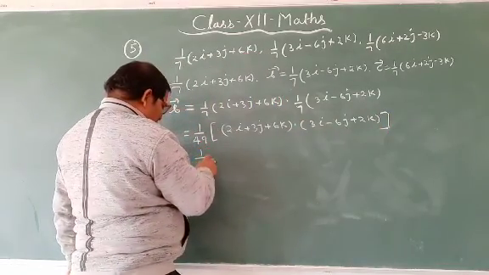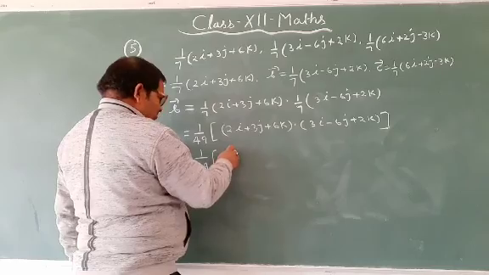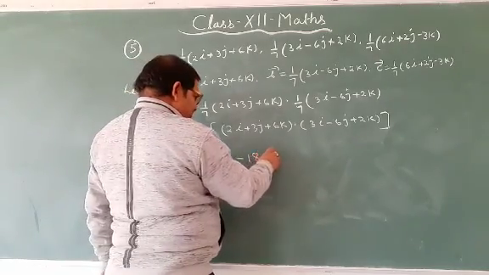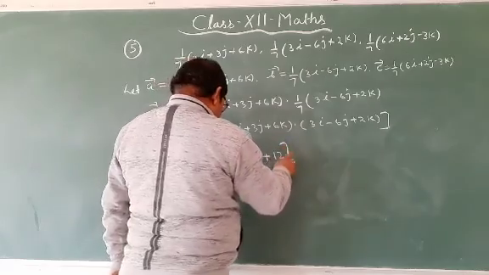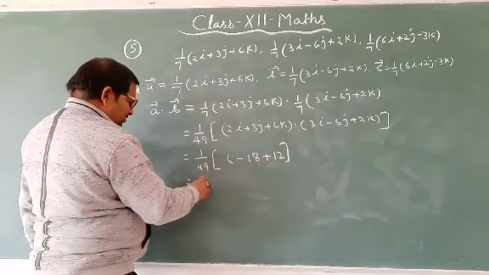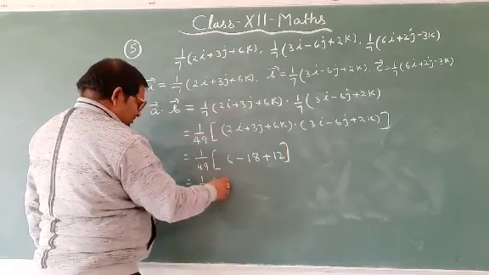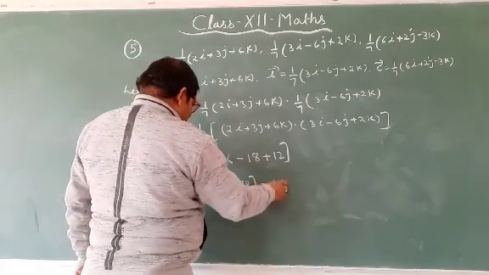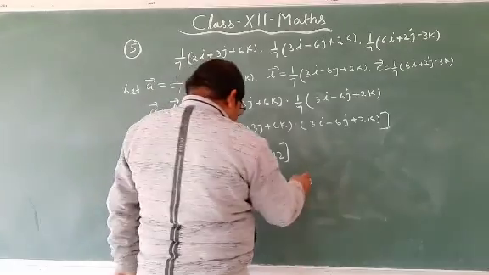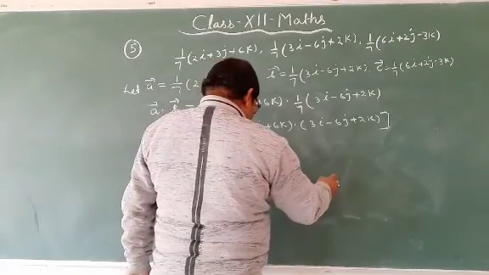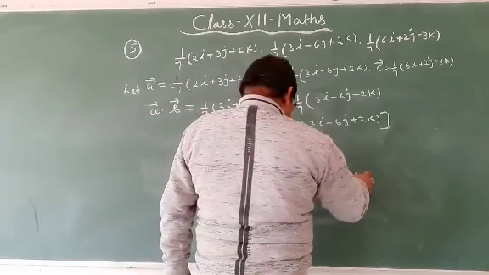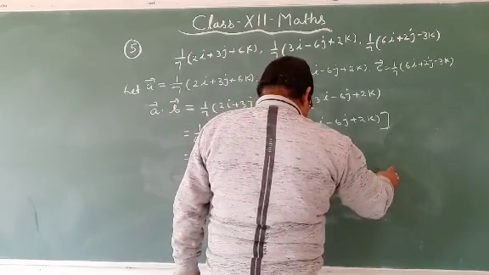Therefore 1/49 (6 - 18 + 12), which is 1/49 (18 - 18), that's equal to 0. So A and B are perpendicular.